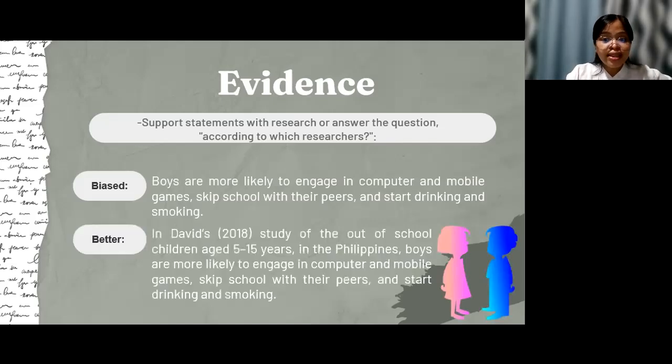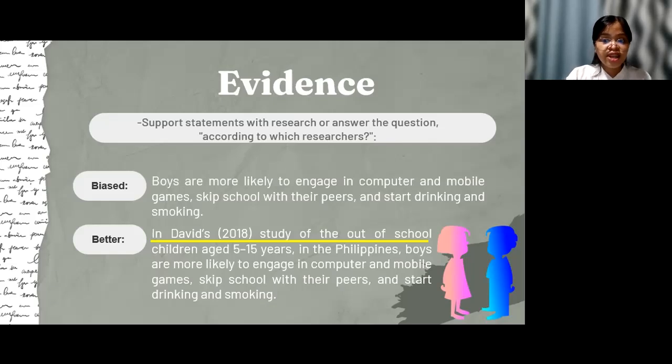In David's 2018 study of the out-of-school children aged 5 to 15 years in the Philippines, boys are more likely to engage in computer and mobile games, skip school with their peers, and start drinking and smoking. All right. So we added here David. David is the surname of the author, and 2018 was the year when he conducted the research.